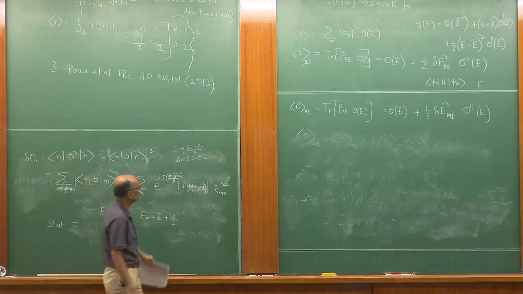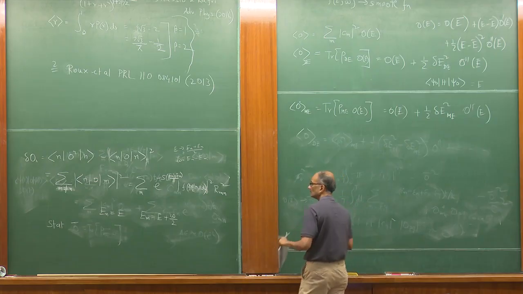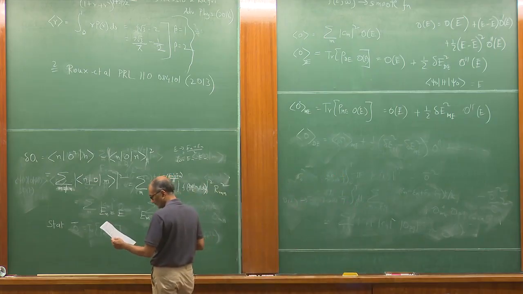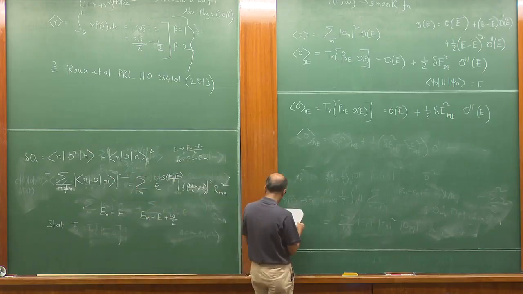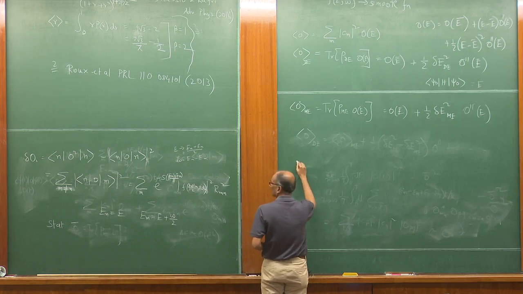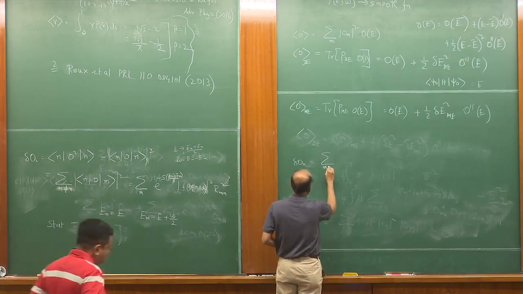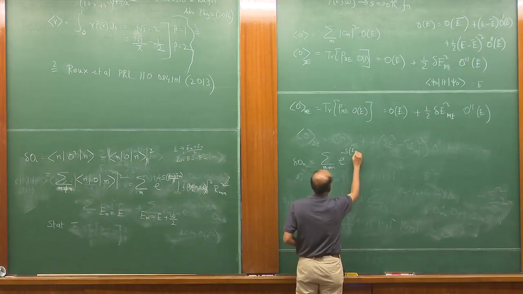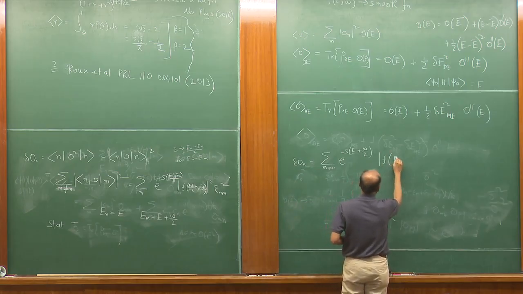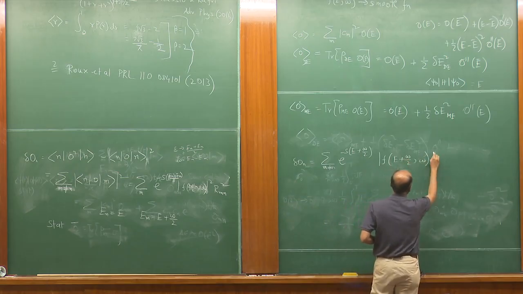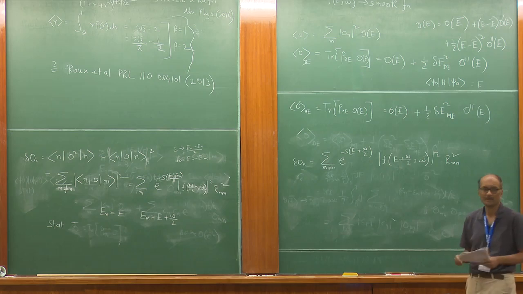And I want to write this in terms of E. This both has E. So then my delta here is exponential of m. I'm just changing variables.